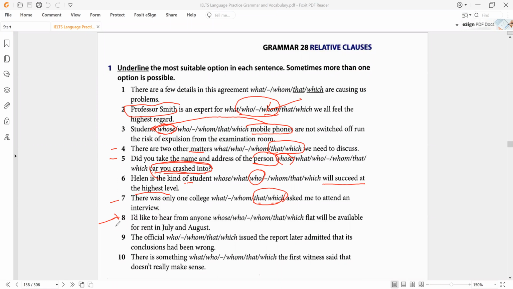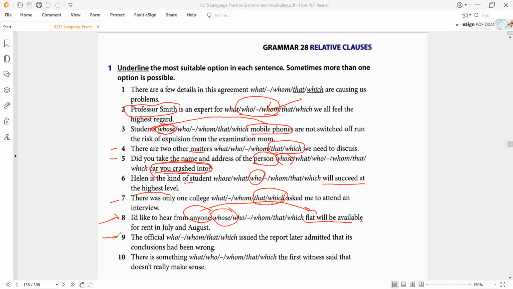Just do it. I'd like to hear from anyone. Whose flat will be available. Anyone whose flat will be available for rent in July and August.